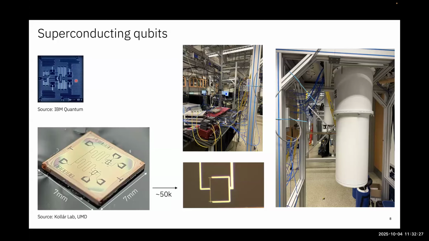For a superconducting processor, they look something like this. You have this pattern on some wafers that you pattern your system in, and the main qubit, the superconducting qubit, which I'm going to explain later, is this junction here. This is the Josephson junction. I'm going to explain what this means in the next few slides. But this is your actual qubit.